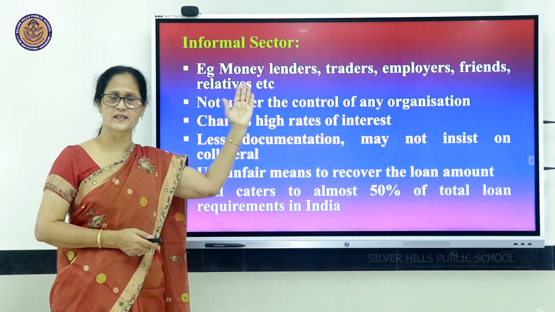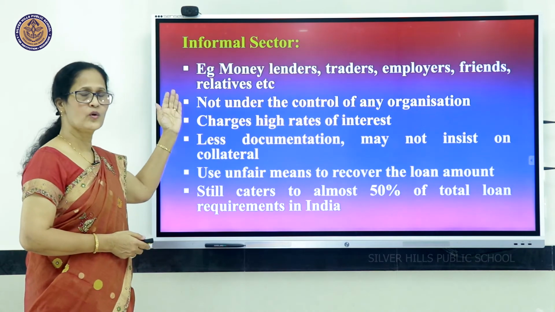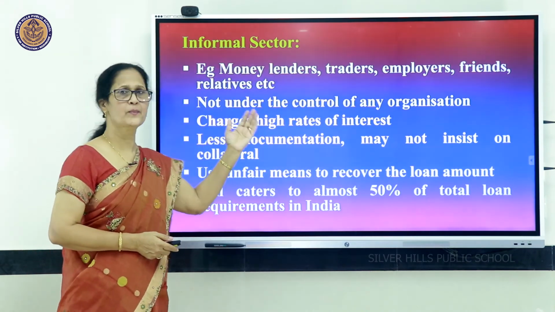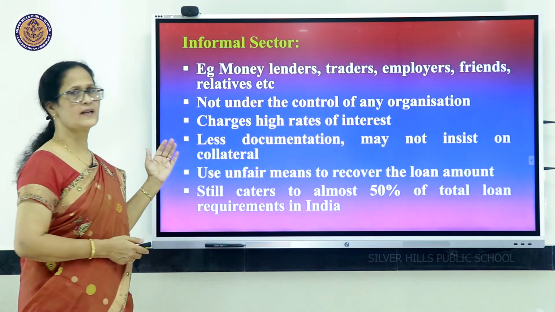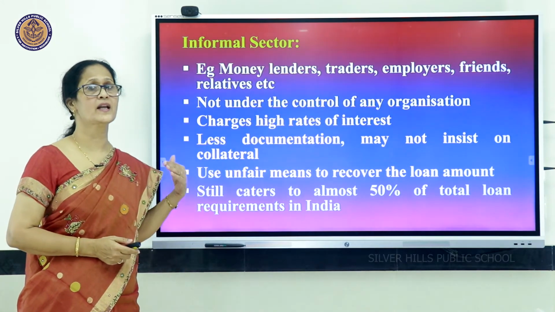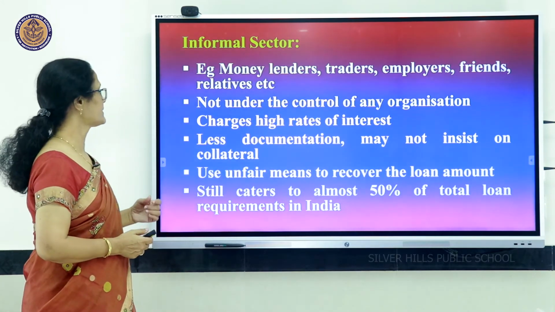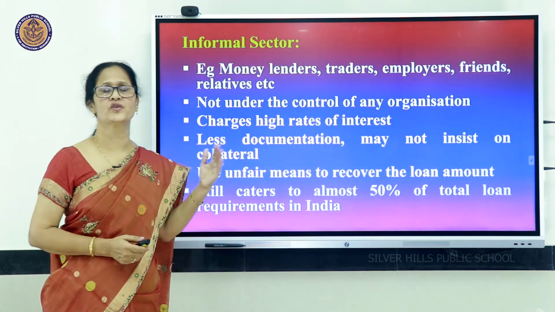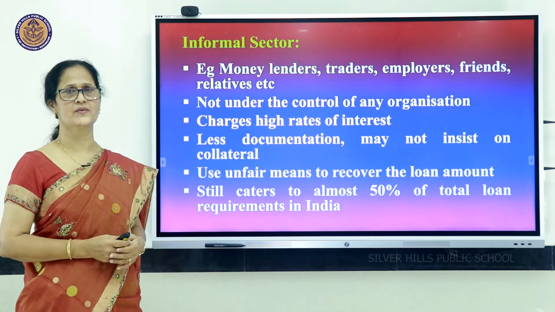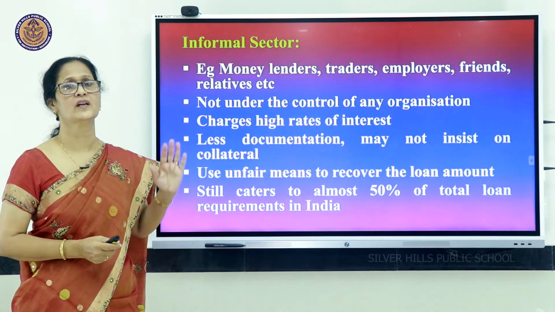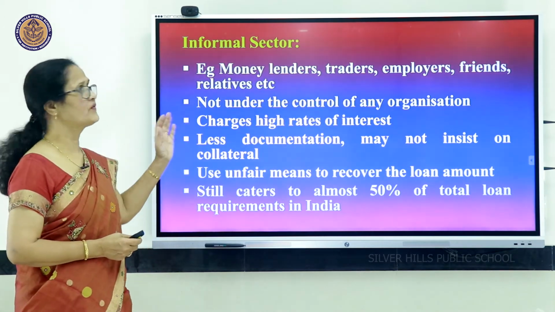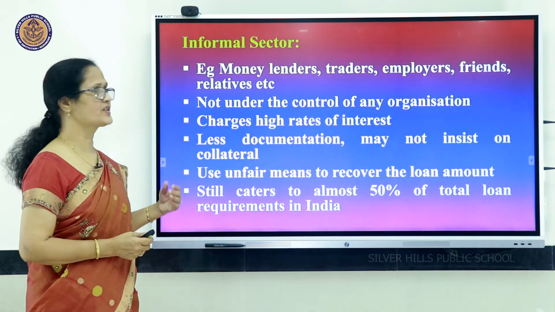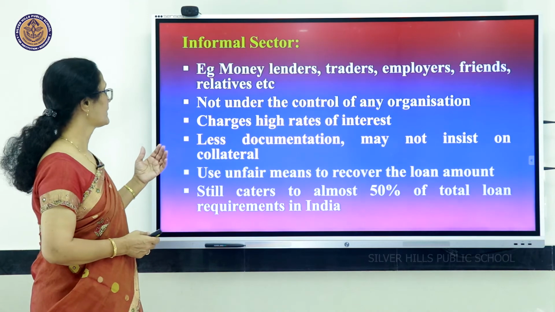Informal sector credit means loans taken from money lenders, traders, employers, friends, relatives, etc. This is called informal sector credit. They are not under the supervision of any organization. There is no organization to control informal sector credit and hence there are no rules and regulations to be followed.